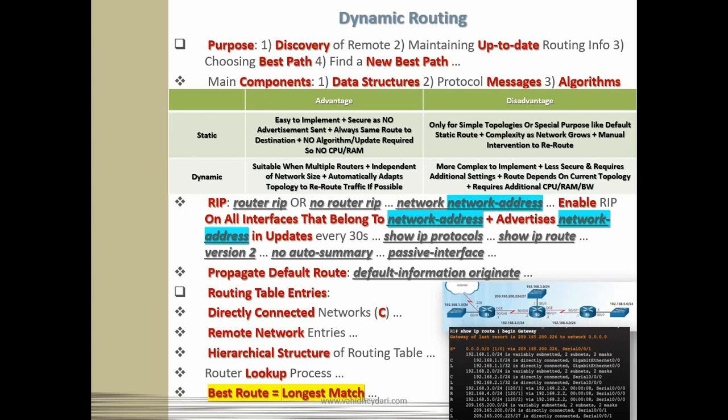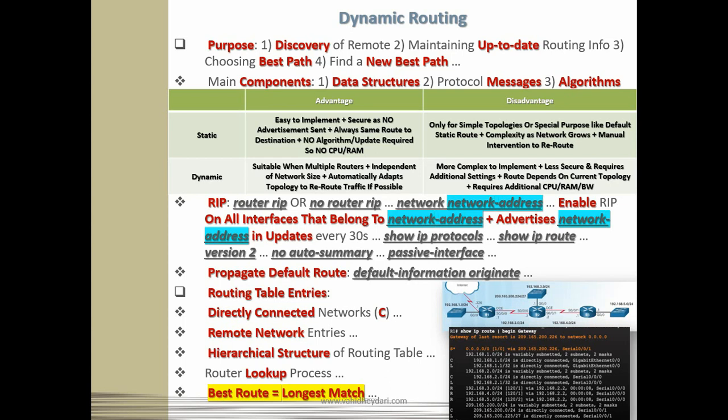Having said that, remember that static routing very well suits simple topologies. And when networks are too large, then they get complex if you use static routing for large networks and topologies. So static routing is only for simple topologies or for special purposes like a default static route.